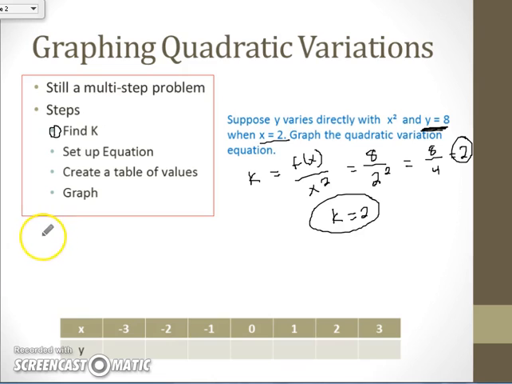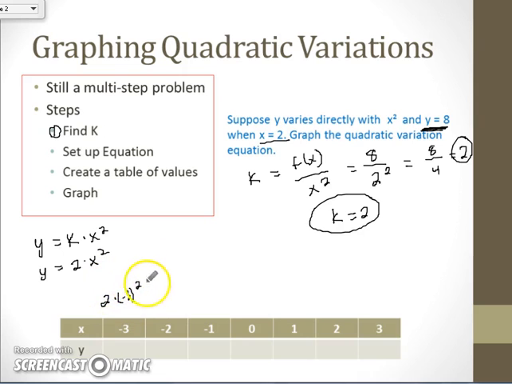So our y value, y equals k times x squared. Again, y and f of x are the same. So we found k to be 2. So y equals 2 times x squared is the equation that we're going to use for each of these x values. So if you substitute in -3 for x, you would have 2 times a -3 squared.